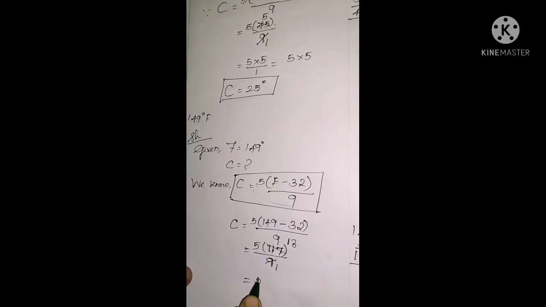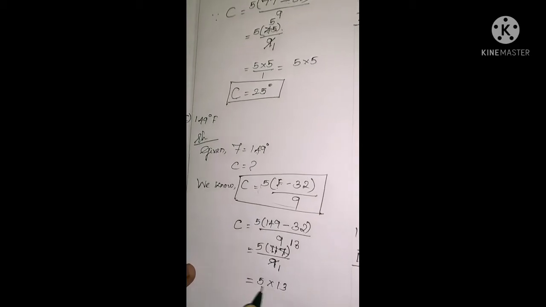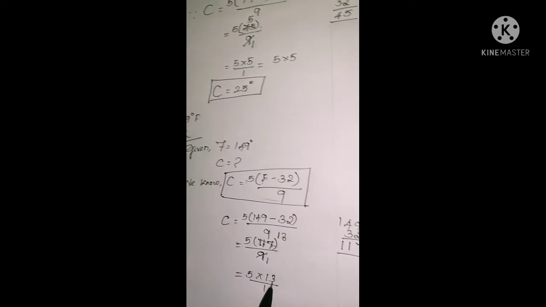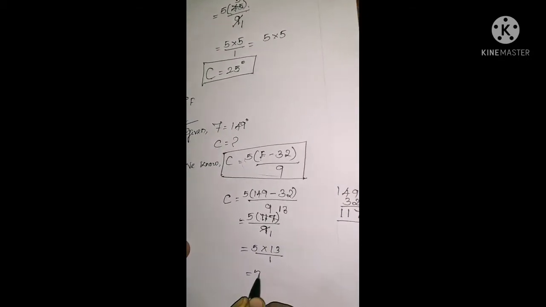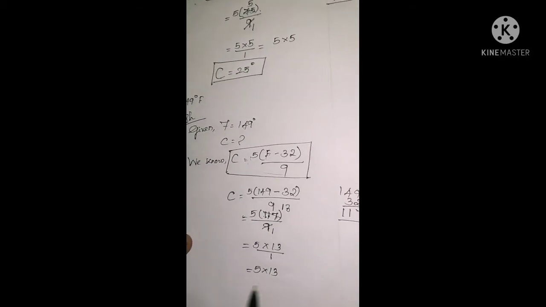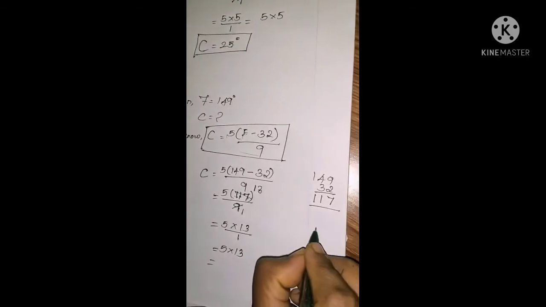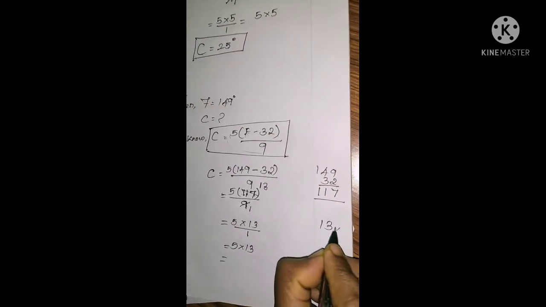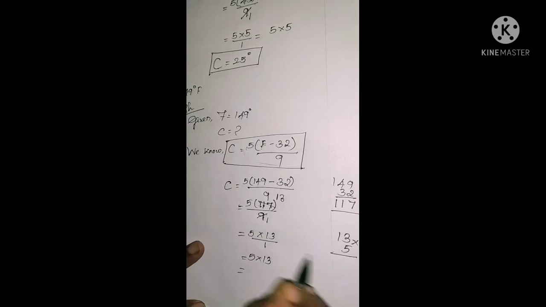So 5 into 13 divided by 1. This is the answer from this step. So 5, any number divided by 1 is the same number. So 5 into 13. If you don't know, on the side you can write it and find the answer.